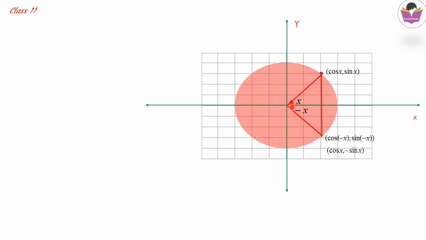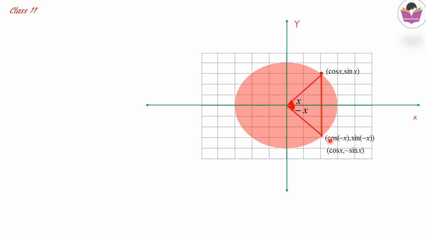Since it is a unit circle we should not count like that, but for understanding purposes I am doing it. Here it is 0, then this is -1, -2, -3, so this point has a minus y value. Here the y value is sin x, and this will be minus sin x. So this point, written another way, is cos x comma minus sin x. The x coordinate will be cos x and the y coordinate will be minus sin x.